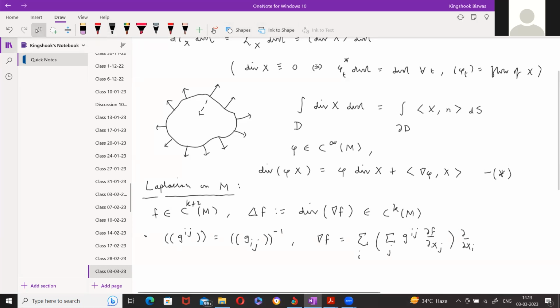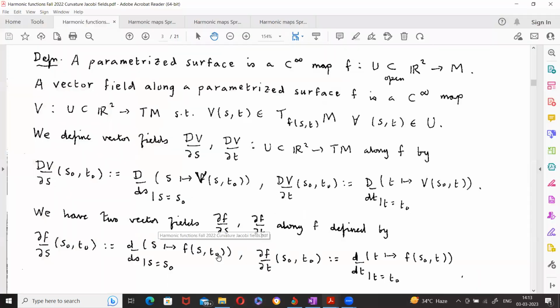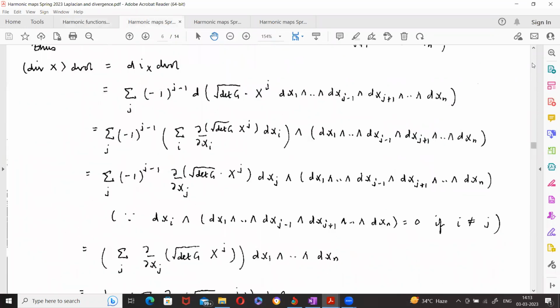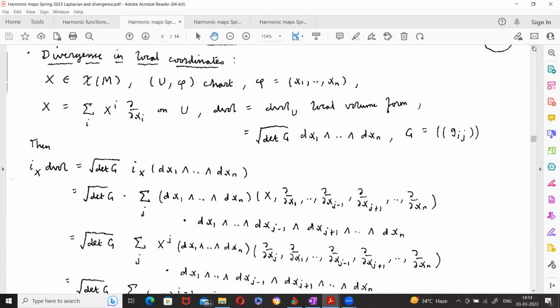And we can derive an expression for the divergence. So we can derive an expression for the divergence in local coordinates, which will show us that it is a first order differential operator acting on the coefficients of our vector field X. Okay, so suppose X is a smooth vector field, and I take a chart (U, phi), where phi has components x1 to xn.